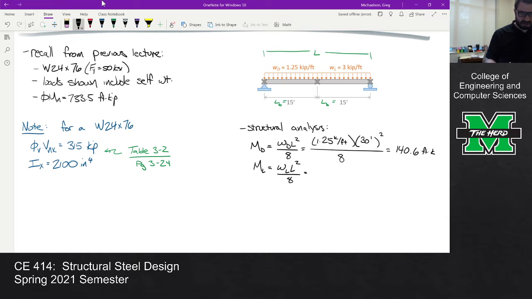That one's 3, so that ends up being like 337.5 foot kips. And then I need to use those in MU, which is 1.2 MD plus 1.6 ML.